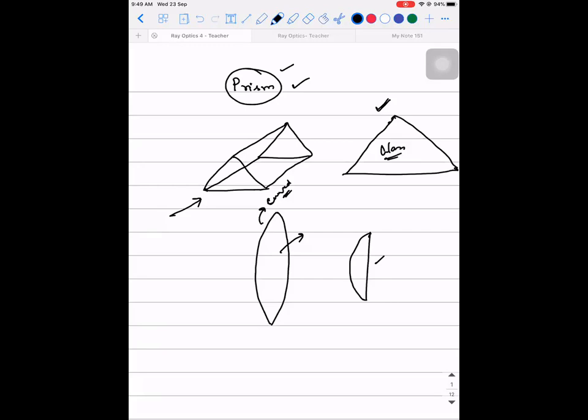So when it is refracting light, my question is, should light overcome a curved boundary or a planar boundary? Planar, because imagine when the light is coming like this, the light has to pass through this plane.